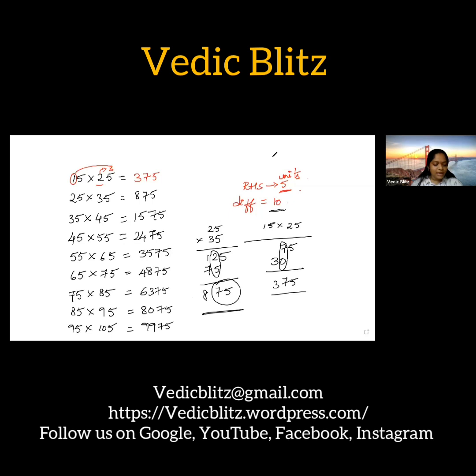Thank you. And one more application of Vedic maths in Ekadhikena Purvena, now we are going to see. Here, if you have non-sequential numbers, means now we have seen the difference of 10.